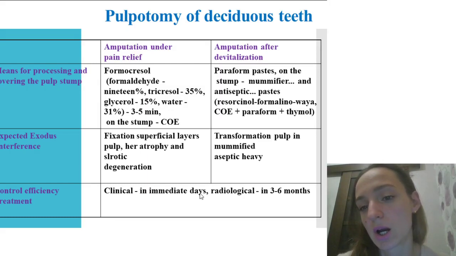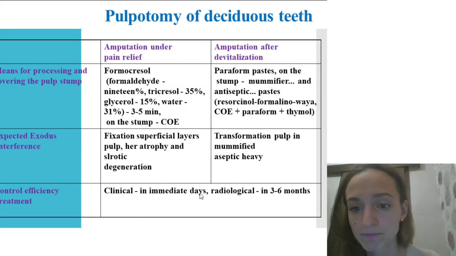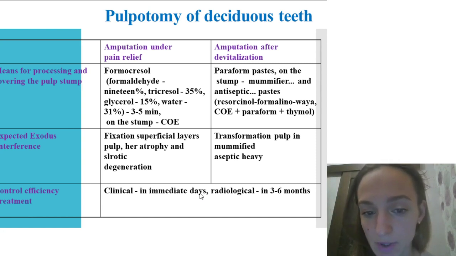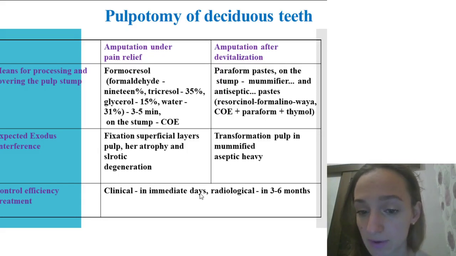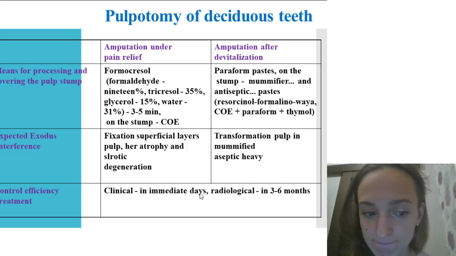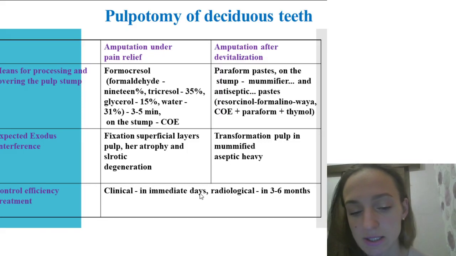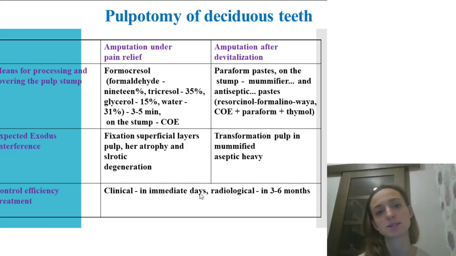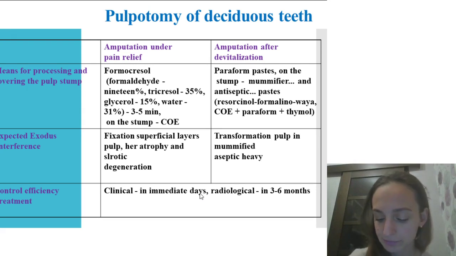Then for after devitalization, it is paraform paste on the stump. Then fixation of superficial layers of pulp, transformation of pulp into mummified aseptic tissue, and control: clinical in immediate days, radiological in 3-6 months.